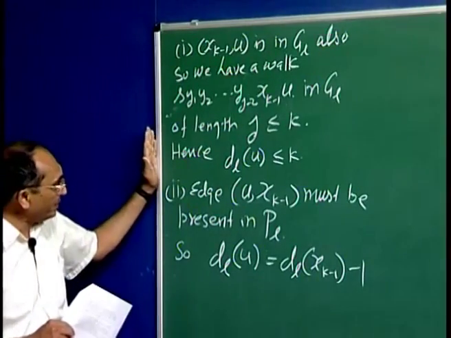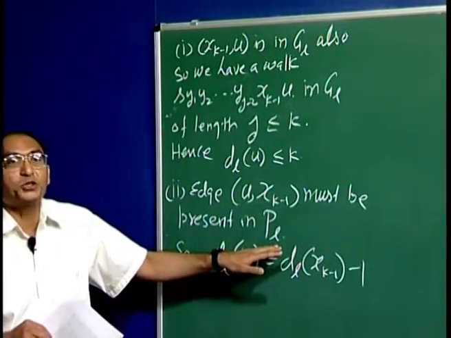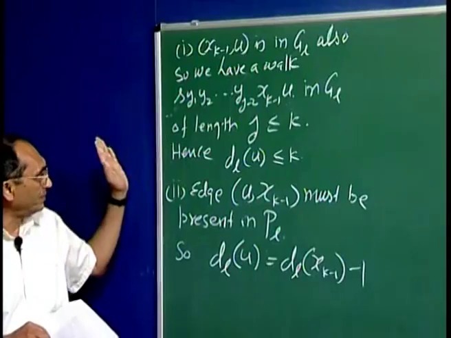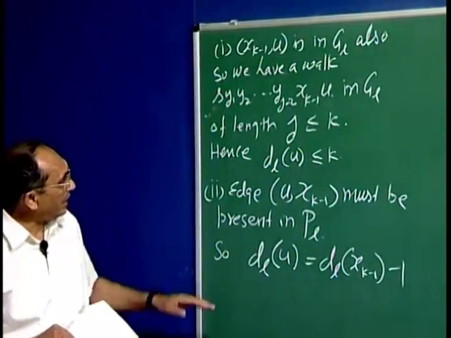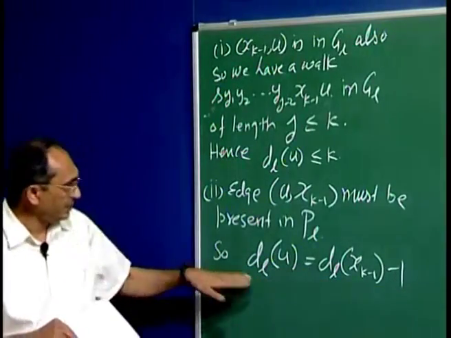So now I am assuming that my augmentation path is a shortest path from S to T. Under that assumption, we have this available.